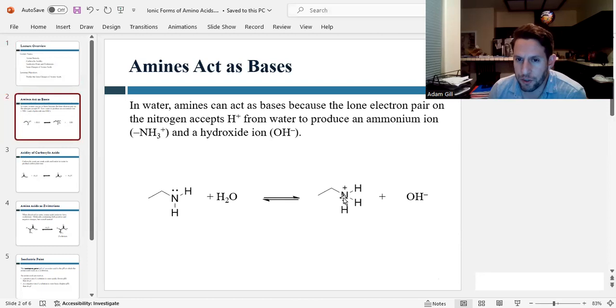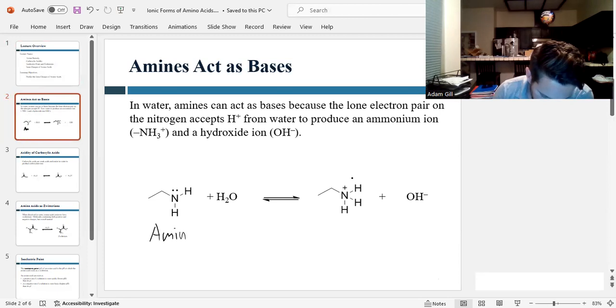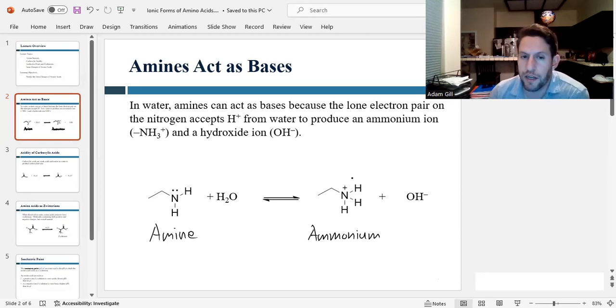And anytime a nitrogen has 4 bonds, it's positively charged, and the water that lost the hydrogen is now negatively charged. And so the amine is the neutral form, and the ammonium is the positively charged ion. So in the presence of water, amines can form ammoniums.